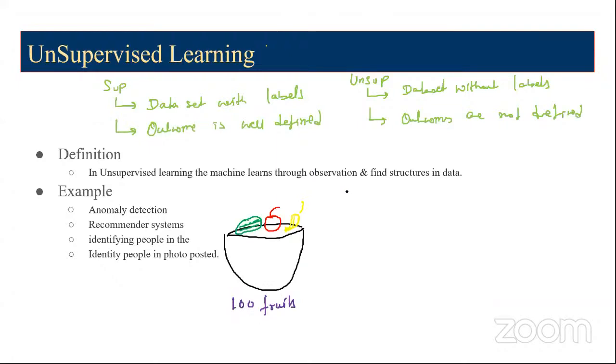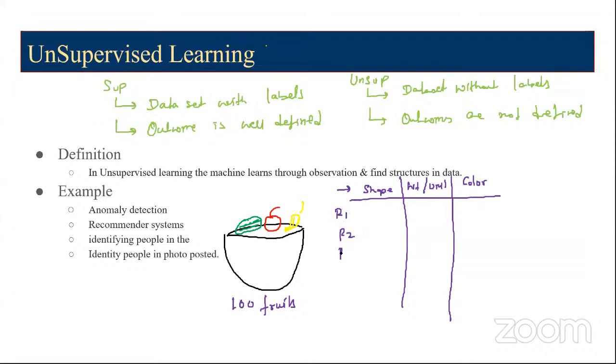For all these 100 fruits, I'm going to provide certain features: the shape information, then weight per unit, then maybe color. So for all the 100 fruits that we have in the basket, we have this information.